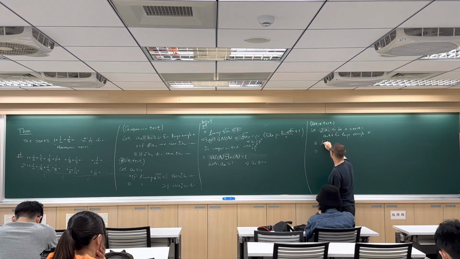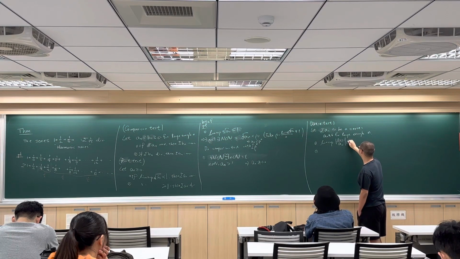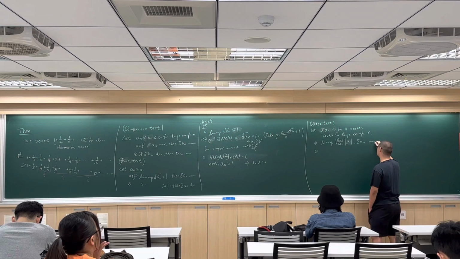So if the limit sup of a_{n+1} over a_n is smaller than 1, then this one converges.